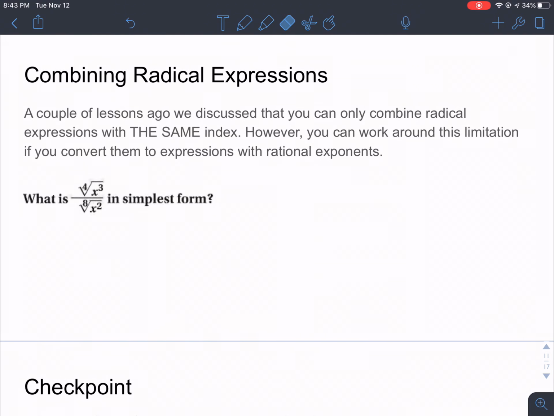So, combining radical expressions. A couple of lessons ago, we discussed that you can only combine radical expressions with the same index. However, you can work around this limitation if you convert them to expressions with rational exponents.